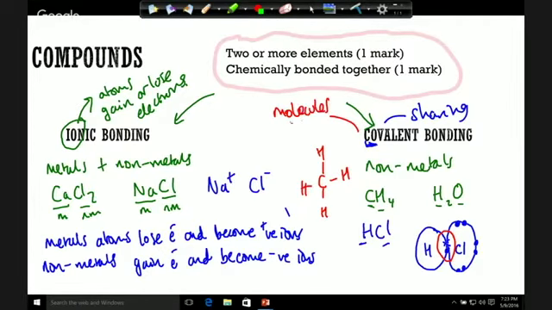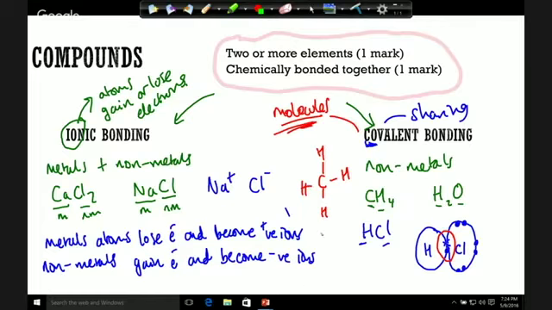People overlook this idea and then they get it wrong, okay? So anything that's sharing electrons, those non-metals bonding together, are molecules.